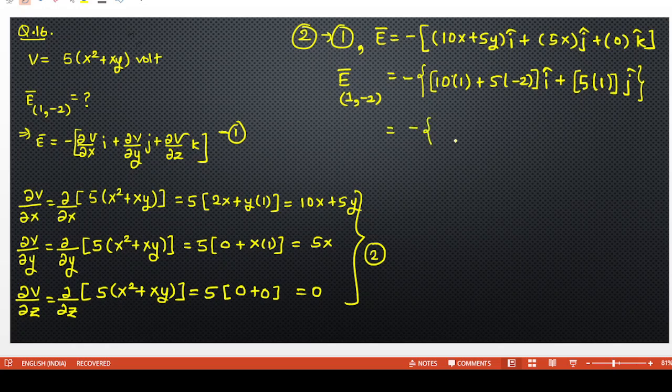So minus, in curly bracket, in square bracket, 10 minus 10, 0 into i, plus 5 into 1, so it is minus 5 j.